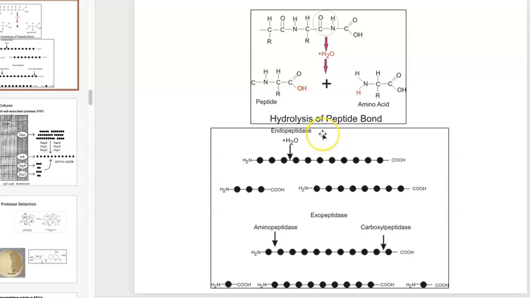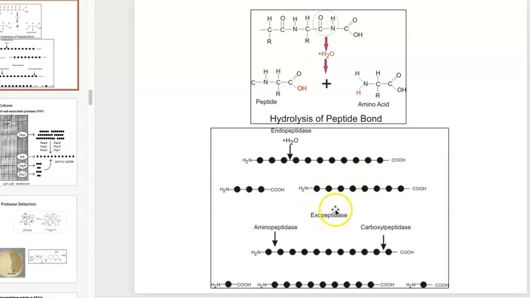So an endopeptidase or an endoprotease is a hydrolytic enzyme that breaks peptide bonds that are internal to the N-terminus and C-terminus, so somewhere inside here. And so again, these guys typically will break these bonds internally, resulting in the formation of two smaller polypeptides.